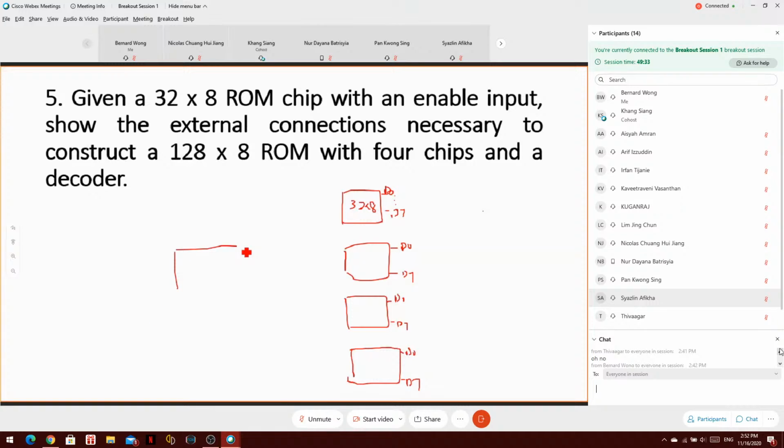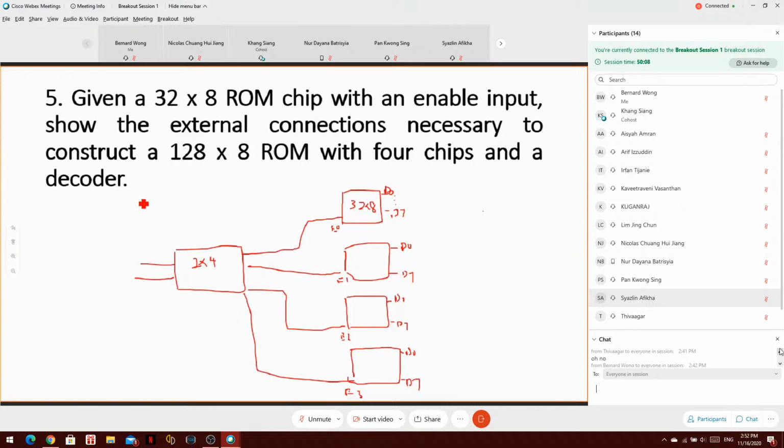You need to draw a 2 times 4 decoder here. 2 times 4 means that you have 2 lines here, and you are going out with the enable lines: E0, E1, E2, E3.